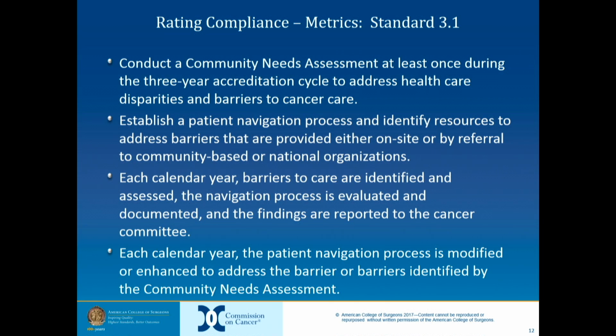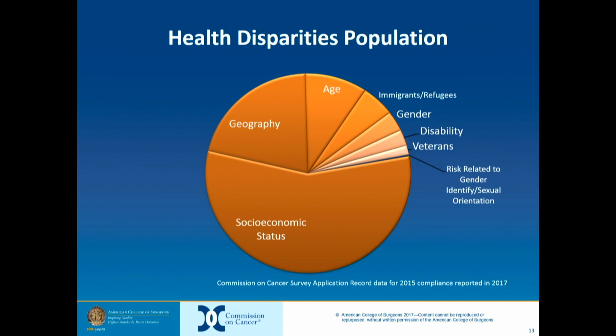So, just a little bit of data that I was able to pull from one survey year. This is about 1/3 of our cancer programs that were surveyed in 2017. These are the health disparities populations that they decided to focus on. And as you can see, most of our accredited programs are focusing on the patient disparities population of those who are socioeconomically disadvantaged.